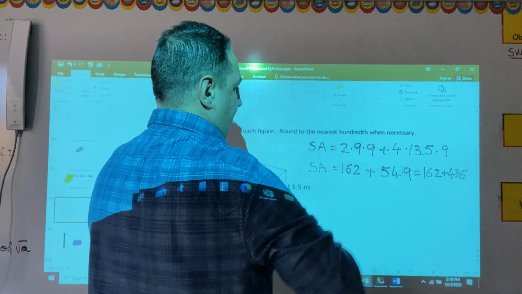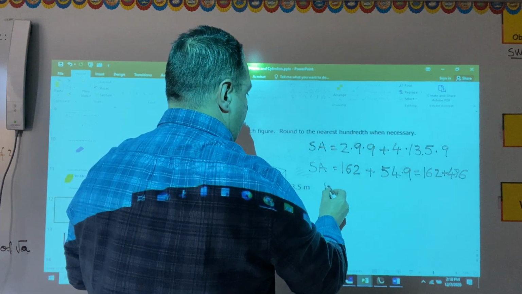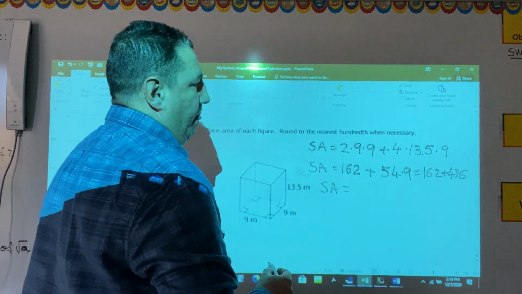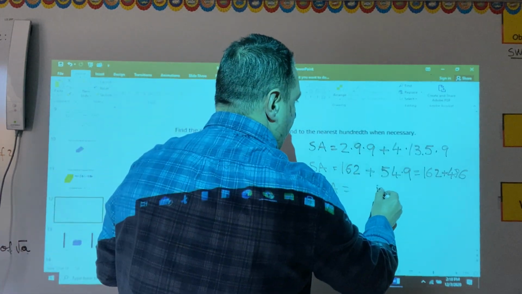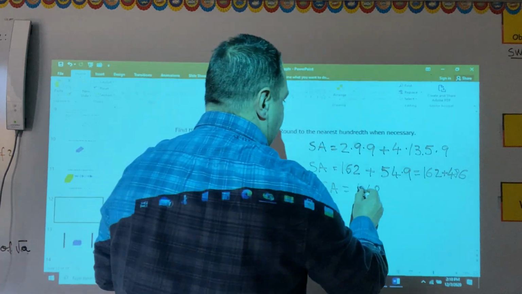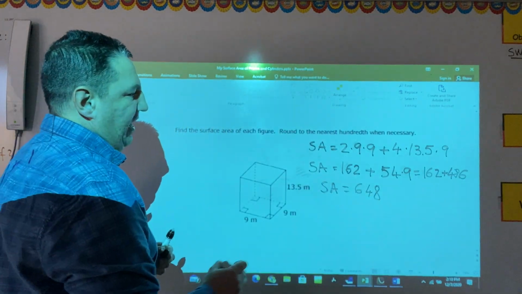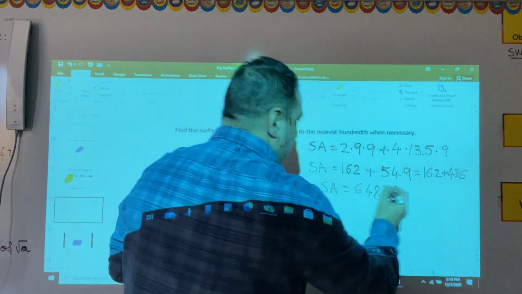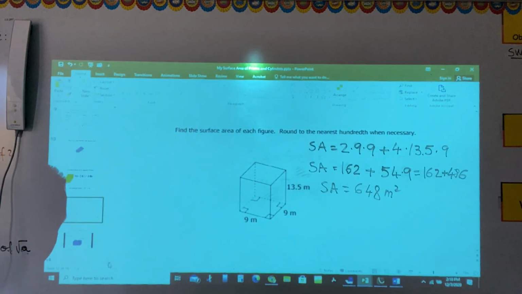Now surface area, if you add these numbers, would be 648, and now the units, square meters. Good?